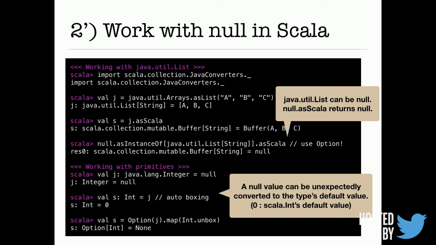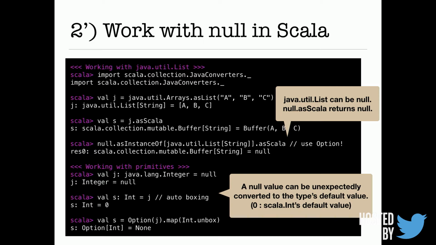So this is quite a simple example. It shows how to deal with null. This part shows how to work with a Java collection object. You can use Scala collection JavaConverters to convert a Java collection object to a Scala collection object pretty easily, just by calling the asScala method.